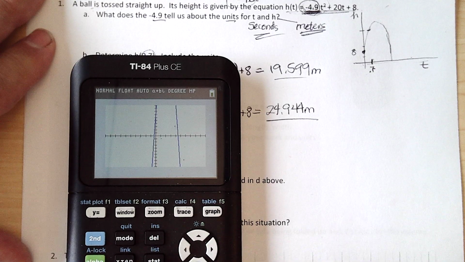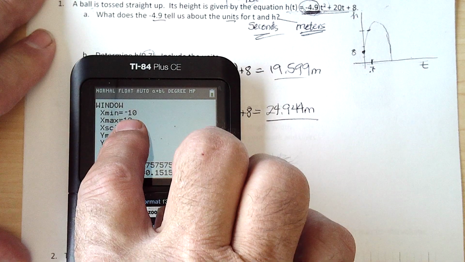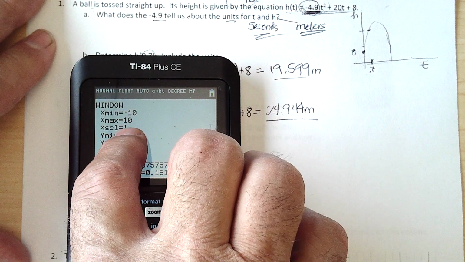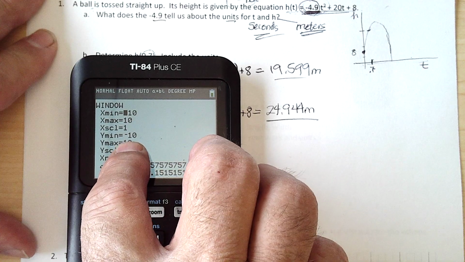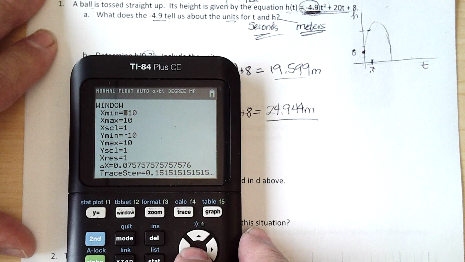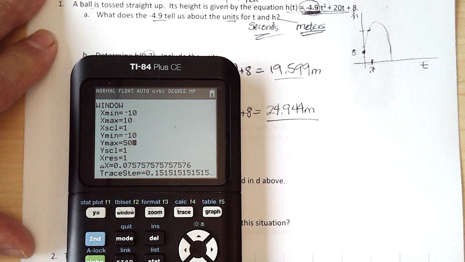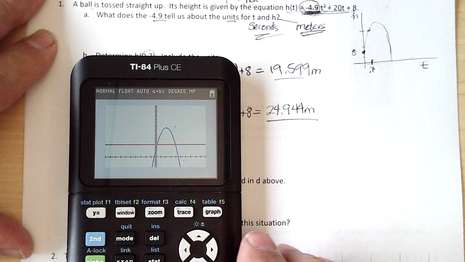So to fix that, you go to Window, and we're looking for times between -10 and 10. The heights, we're going from -10 meters to +10 meters. Well, this goes higher than 10 meters. So maybe I want to make this be 50 meters. Is that high enough to see the top? Yeah, it doesn't get up to 50 meters.